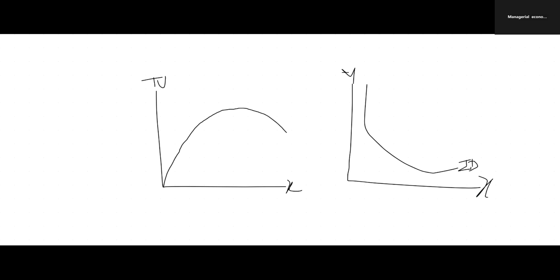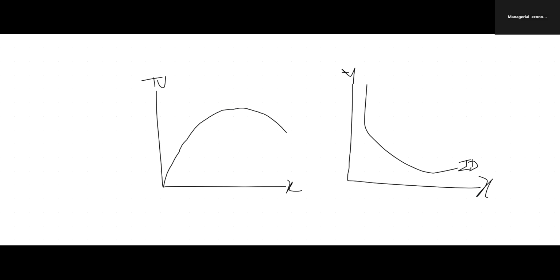The reason is, when the consumer keeps on getting more and more of good X, the marginal utility the consumer gains from consuming an additional unit of good X keeps on decreasing.